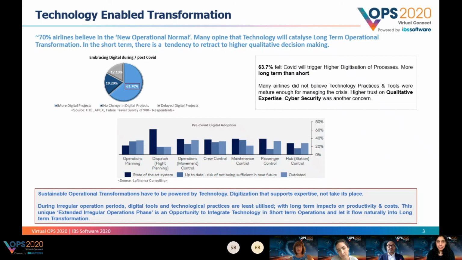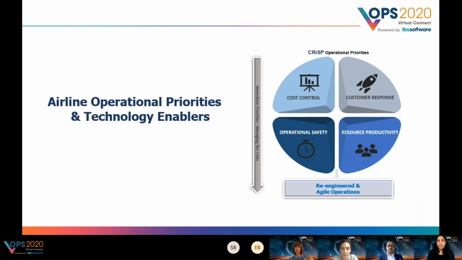So on this point of technology enabling these transformations, be it short-term or long-term, some of our partner airlines said that since they see this as a different disruption phase, considering it is longer and higher impact, there is an opportunity of integrating more technology into the short-term revival phase, and that integration of technology flowing on to the long-term transformation process.